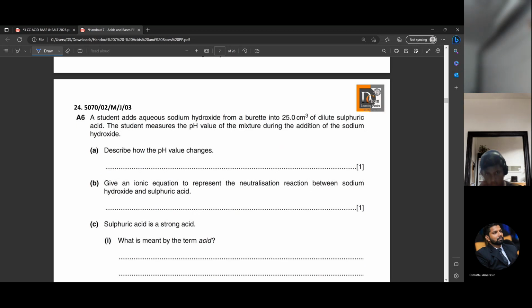We have given the past paper number for each question. We might not be able to discuss all the questions today. Probably I'll be discussing around 4 questions. The rest of the questions, you can write the answers and check your answer in the mark schemes when you go home. Please do it.